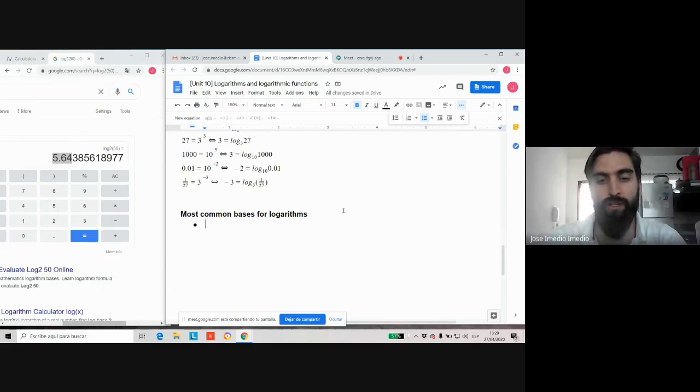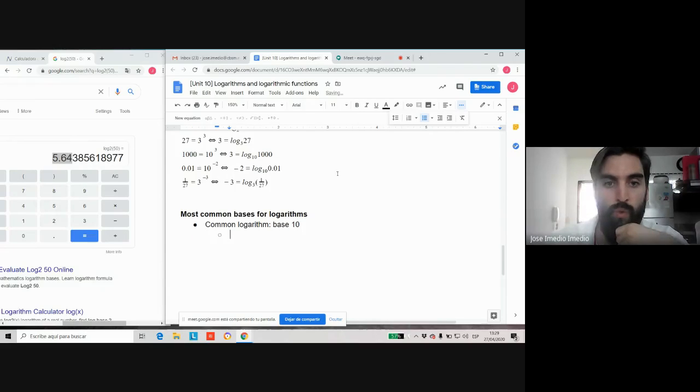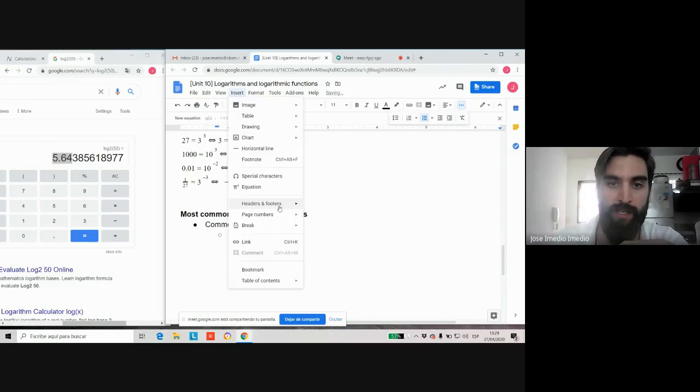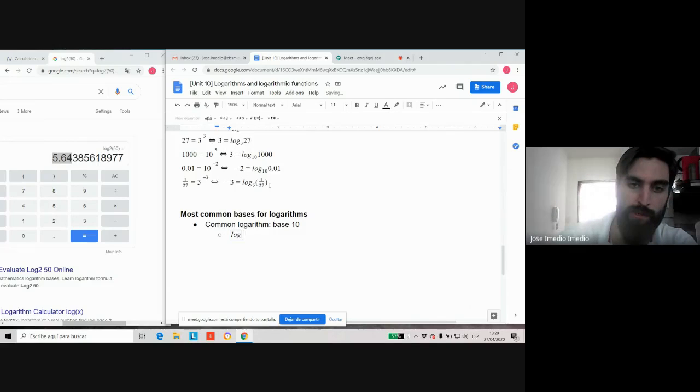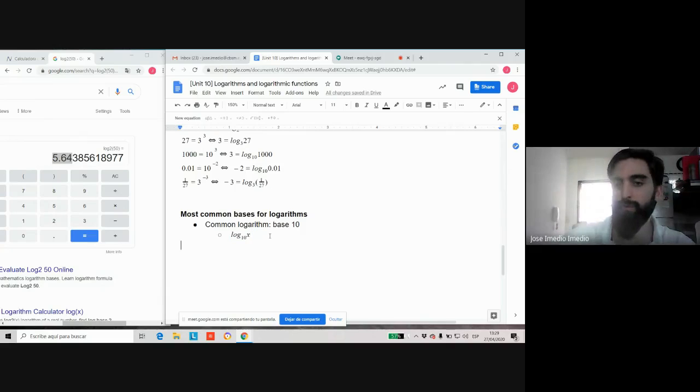That's actually called the common logarithm. So the common logarithm is the logarithm base 10 of x, of any number.